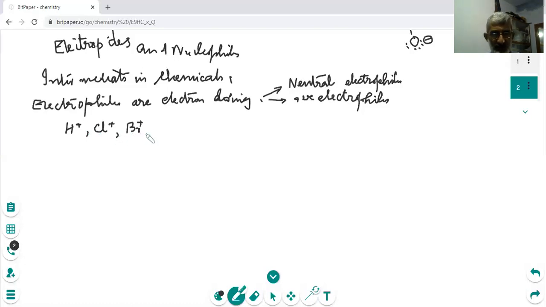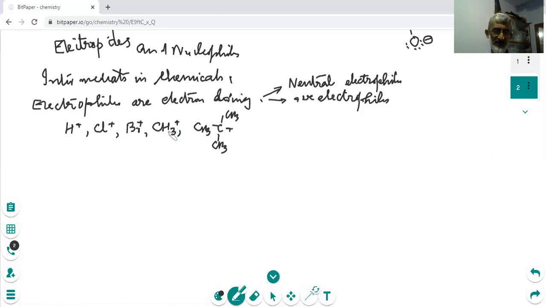Certain electrophiles, this is CH3 plus, most of the species with a positive charge, like the tertiary butyl group. All these are electrophiles. Now, how can you think of generating these electrophiles?